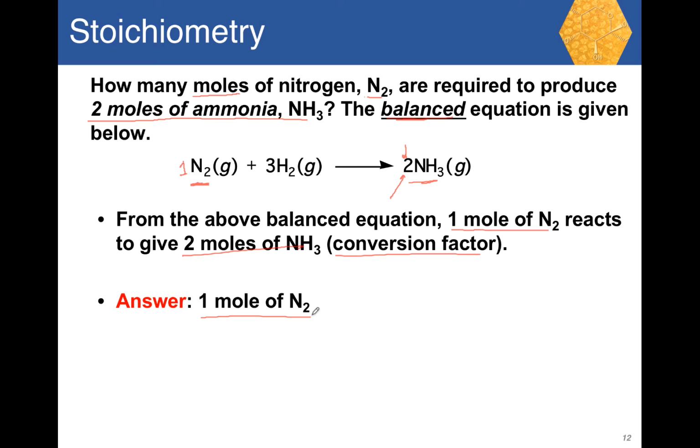Of course, if I asked you how many moles are required to give 4 moles of ammonia, that would be 2 moles, using this conversion factor. So 2 moles of nitrogen would be required to give 4 moles of ammonia. Again, you'll have to use the moles here to solve these problems.